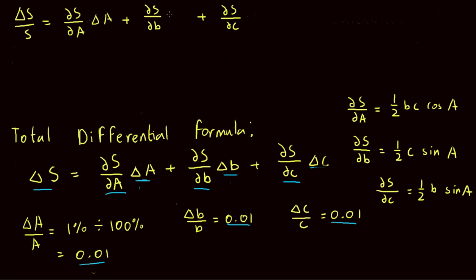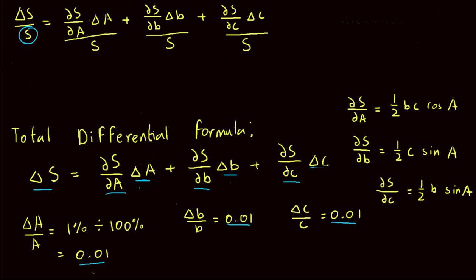When we introduced the term, we introduced the divide by S. We introduced delta S over S. That means that for these functions, we also have to divide by S as well. Hopefully that makes a bit more sense now.